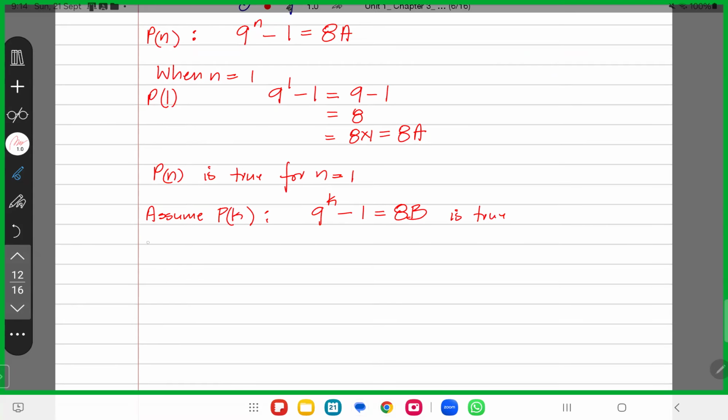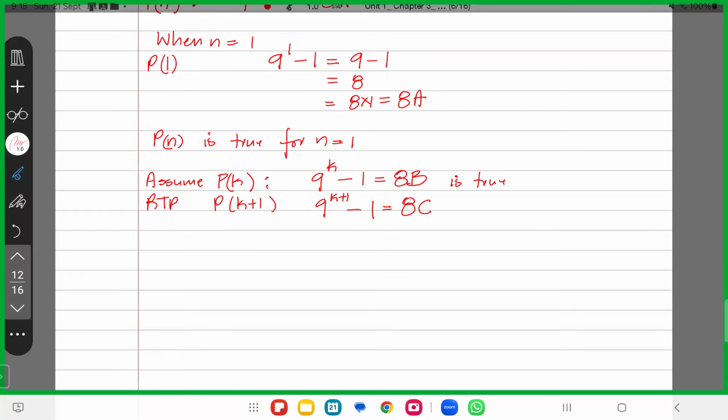Then we are required to prove that Pk plus 1, which is the statement 9 to the k plus 1 minus 1 is divisible by 8, in which case it's equal to 8 multiplied by a constant this time, which is c. So what we're going to do now is sort of like a reverse application of a law of indices.